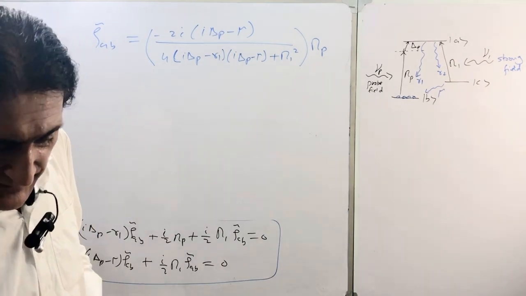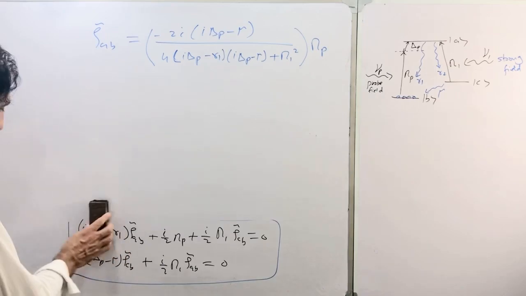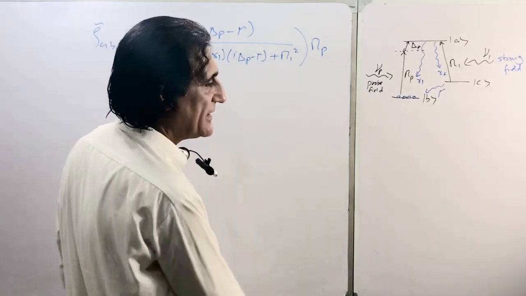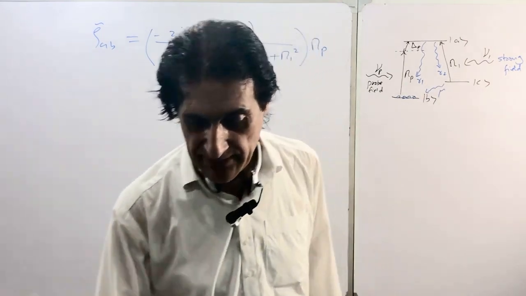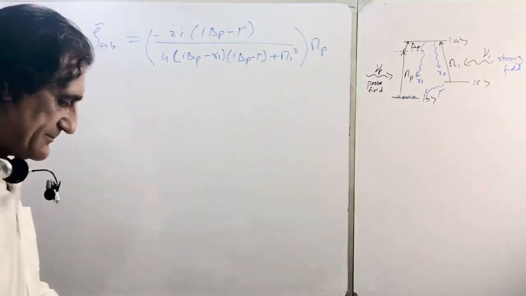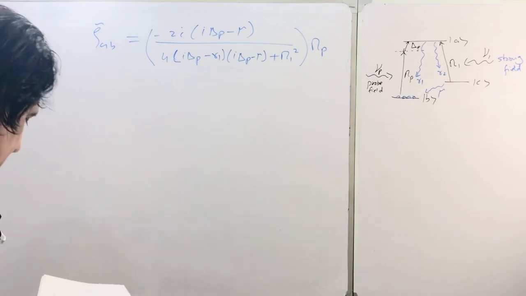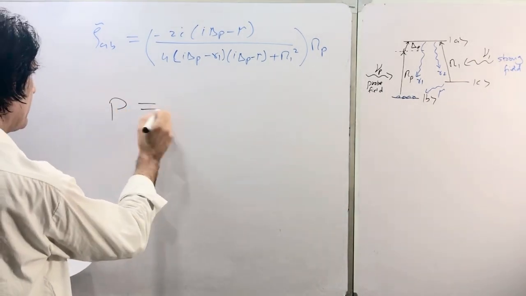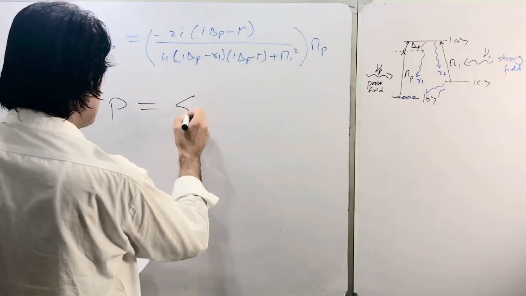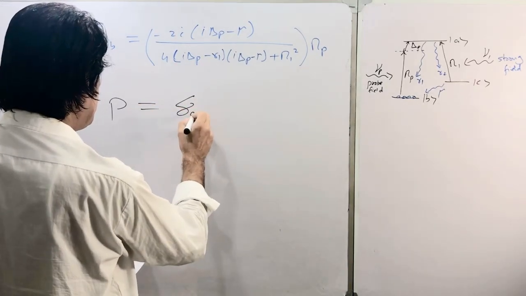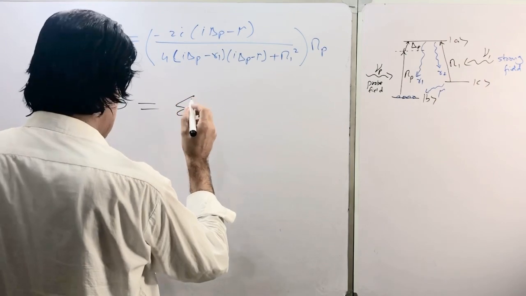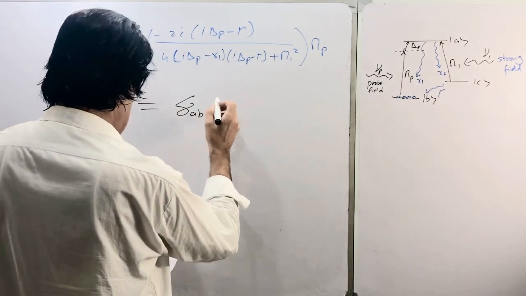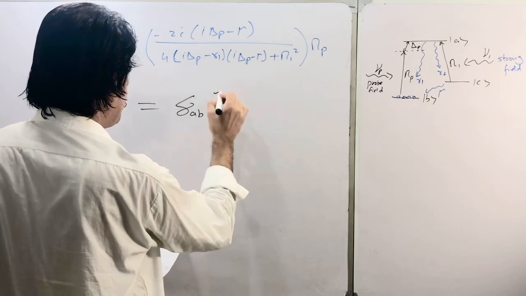Now, what the next process is, how we can get the optical susceptibility. So remember, from the polarization P, we know that this is equal to PAB, the dipole matrix element, and rho AB.